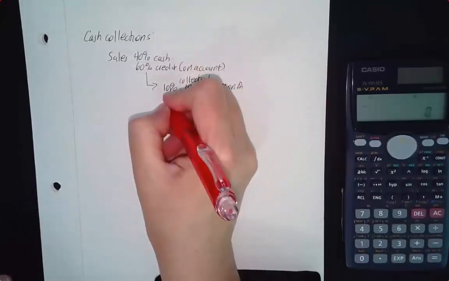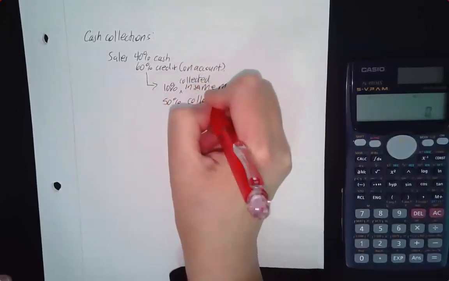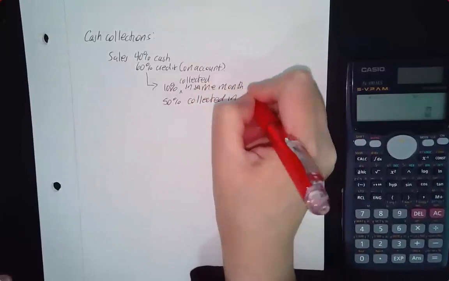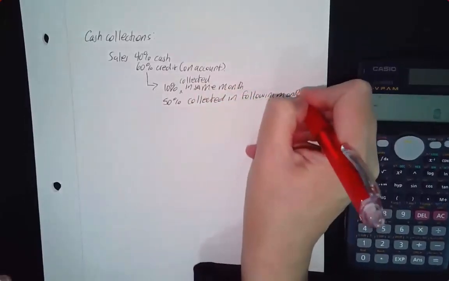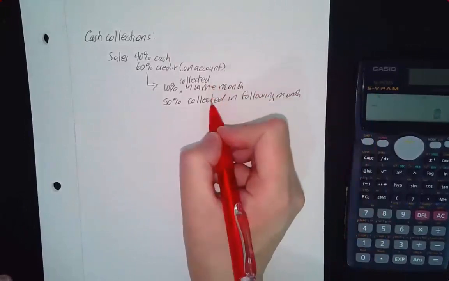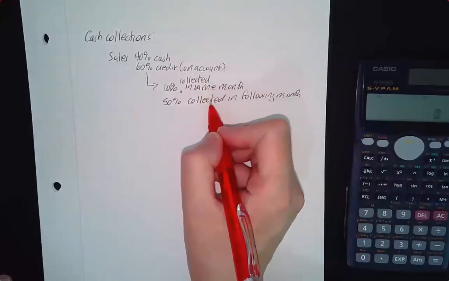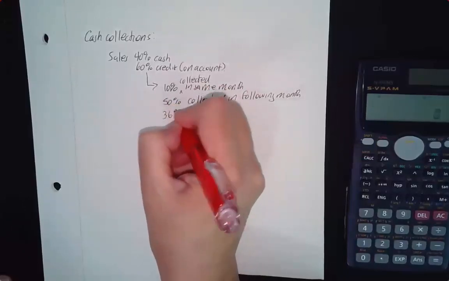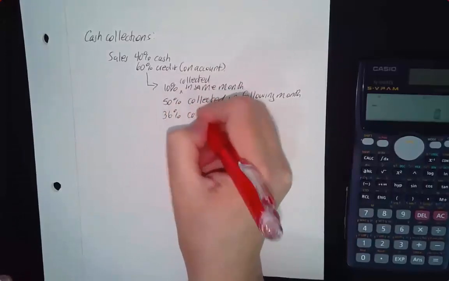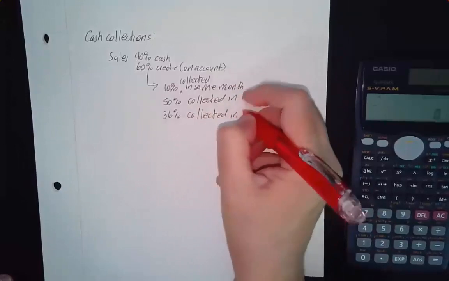All right, then 50% are collected in the following month. So if this happened in January, this is going to be collected in February. If this happened in June, this is going to be collected in July. And then it says that 36% is collected in 2 months.